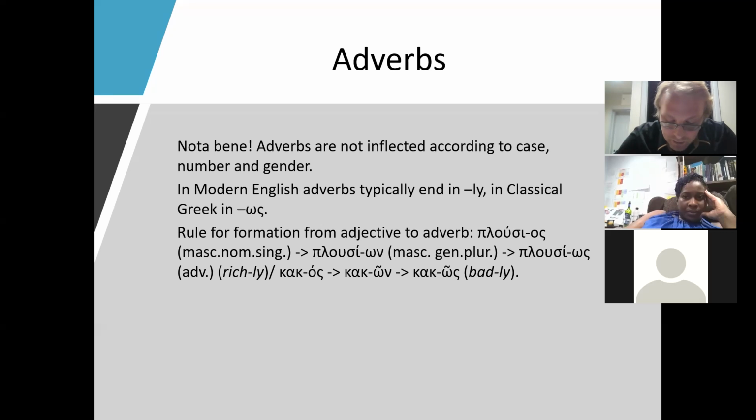So that's, for instance, the masculine genitive plural form of plusios, rich, is plusion. And from this form, we get the adverb plusios, richly. Likewise, from kakos, bad, through kakon, we can derive the form of the adverb kakos, badly.